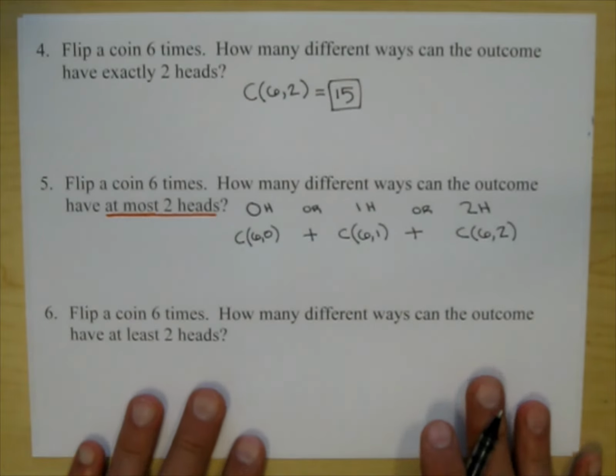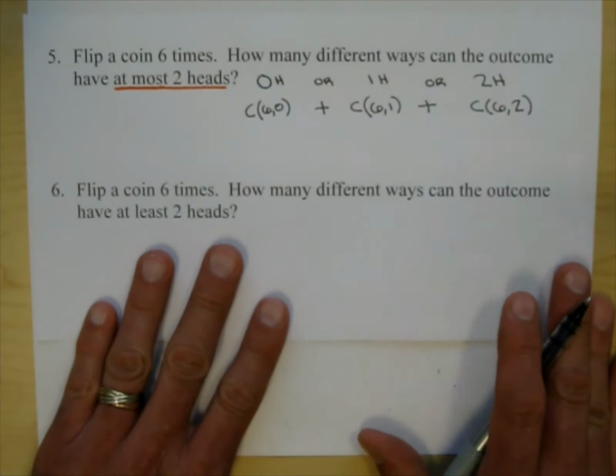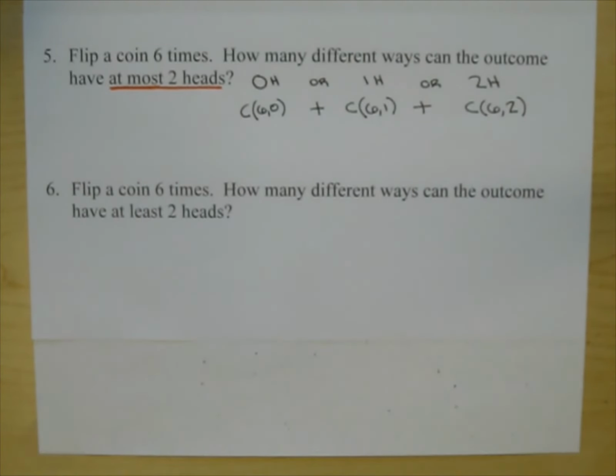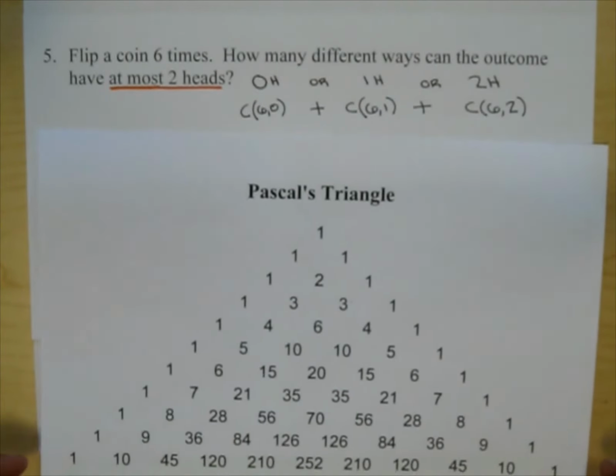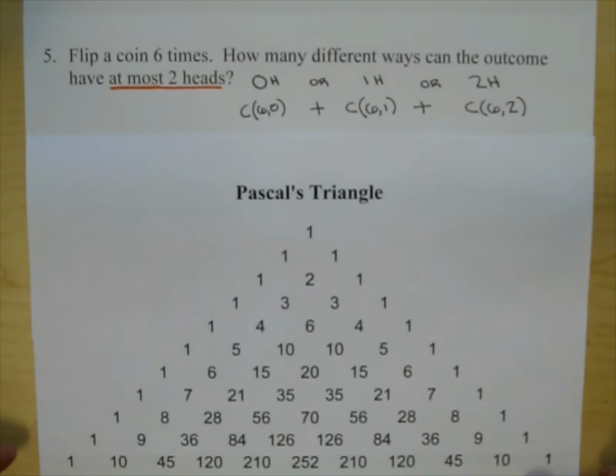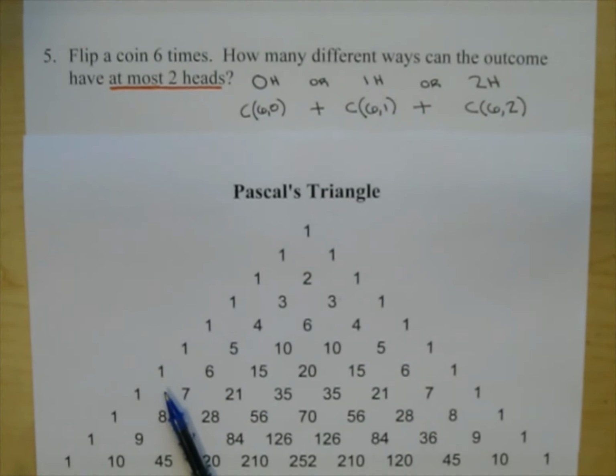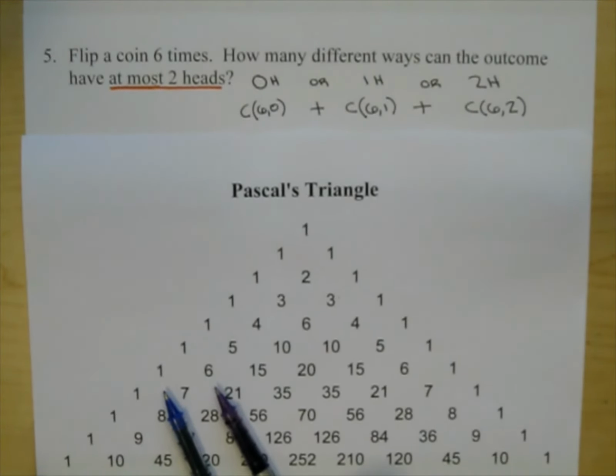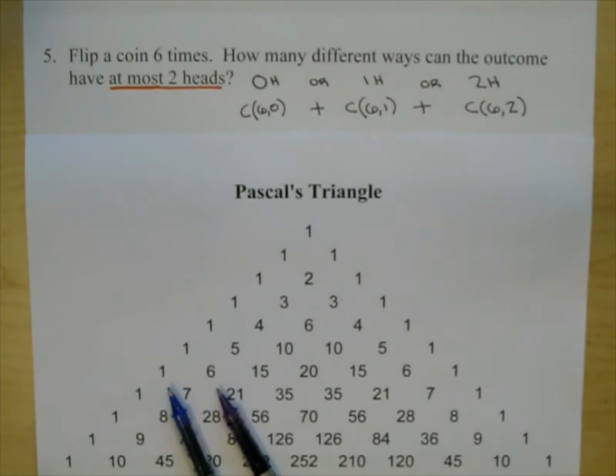So this all comes down to Pascal's triangle. Which row? Row 6. 6 choose 0. 6 choose 1. Hopefully in the camera you can see that that's what it's pointing to.